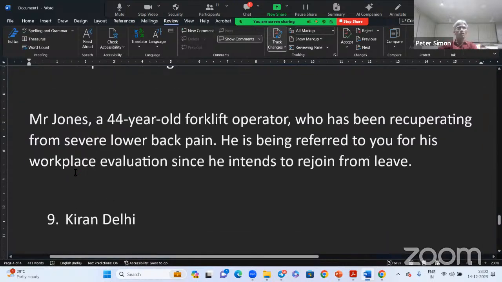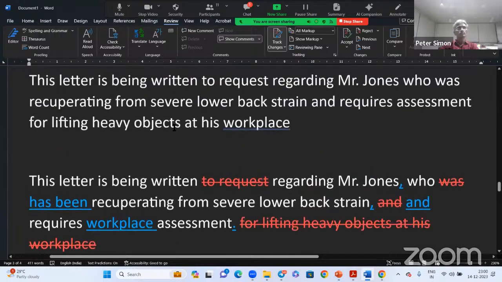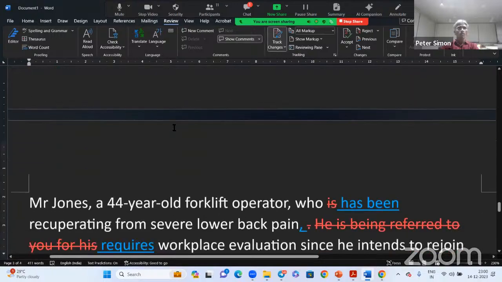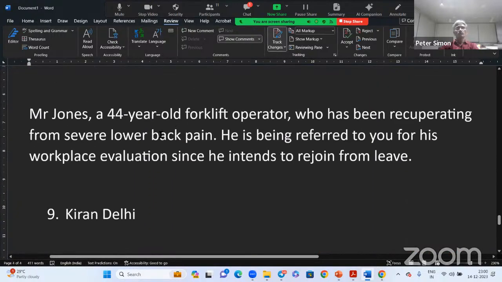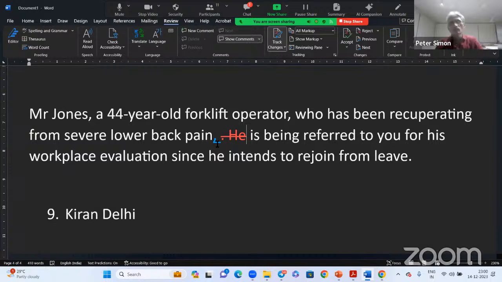Next. Mr. Jones, a 44-year-old forklift operator who has been recuperating from severe lower back pain, is being referred.